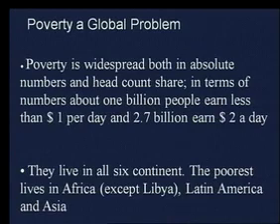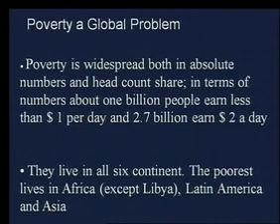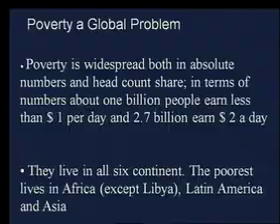In terms of relative numbers, a $1 per day poverty line is employed to measure it. It says about a billion people in the world are poor. That means of 7 billion, 1 billion people do not earn $1 per day to lead a reasonable standard of living, and these are PPP dollars.